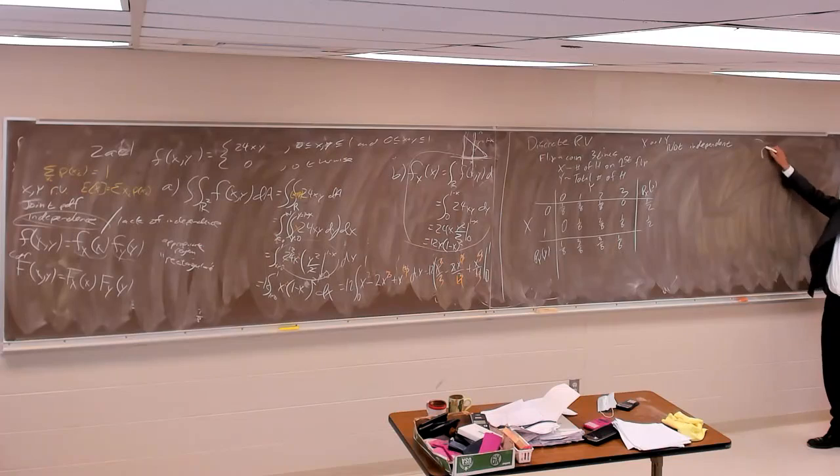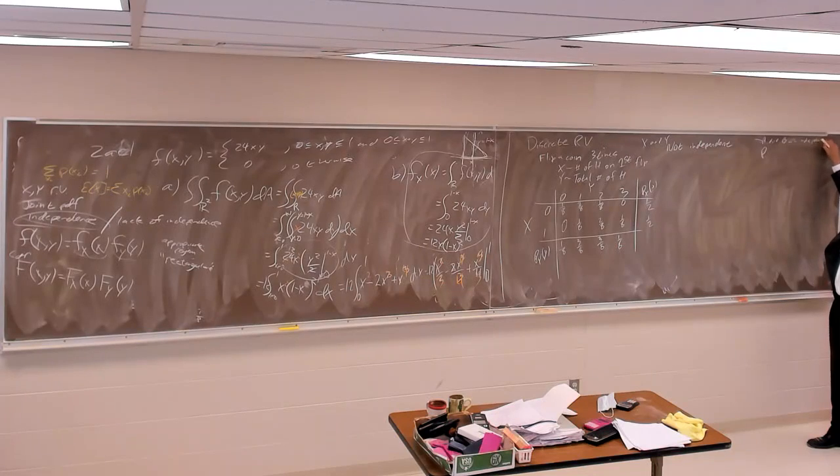Remember, A and B are independent if the probability of A and B occurring is equal to the probability of A times the probability of B. This is true for probability mass functions too.